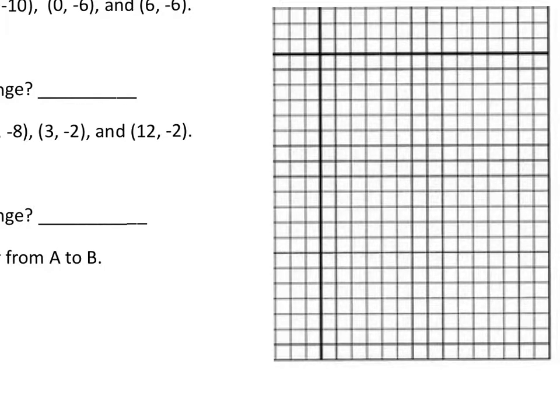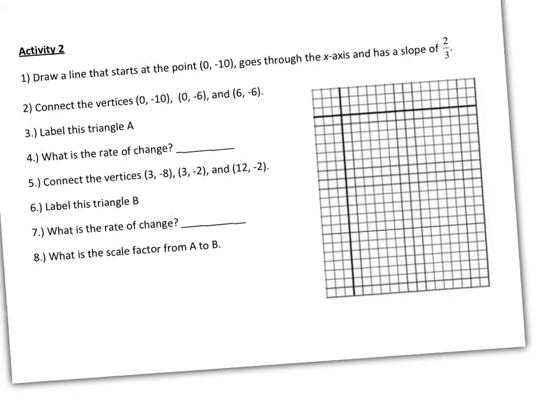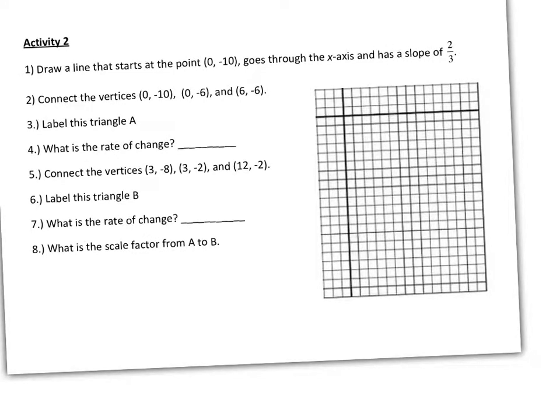It asks us for the rate of change of this triangle. That means we're going up 4 and over 6, so my rate of change is 4 over 6.